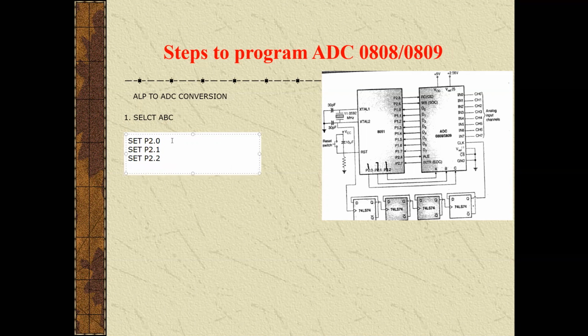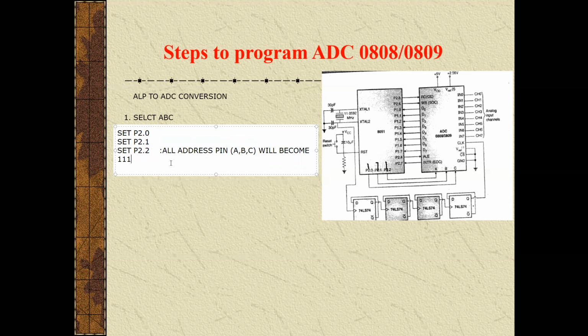All these are address pins, address pins A, B, C, which will become high. Means IN7 is going to be selected.